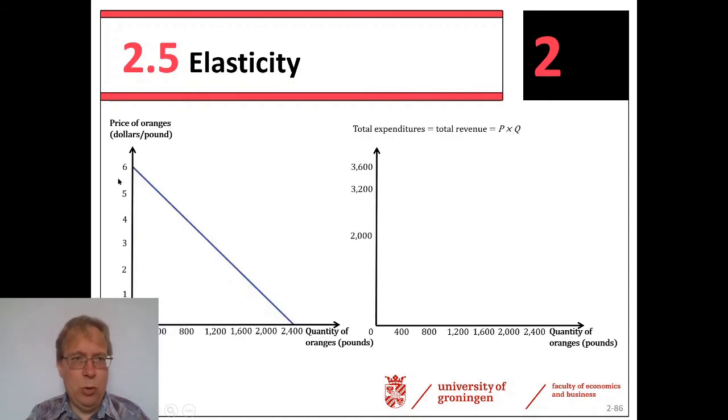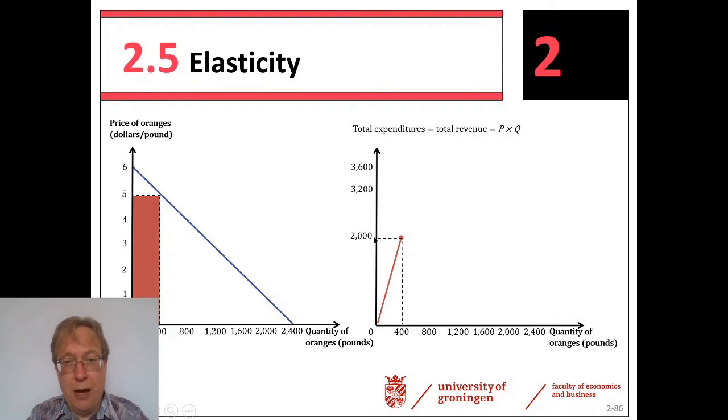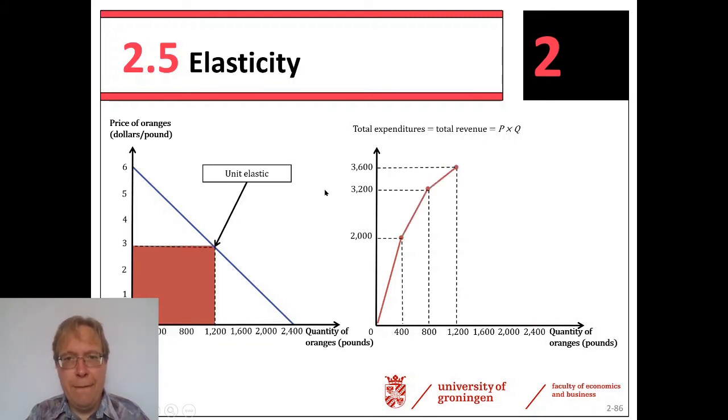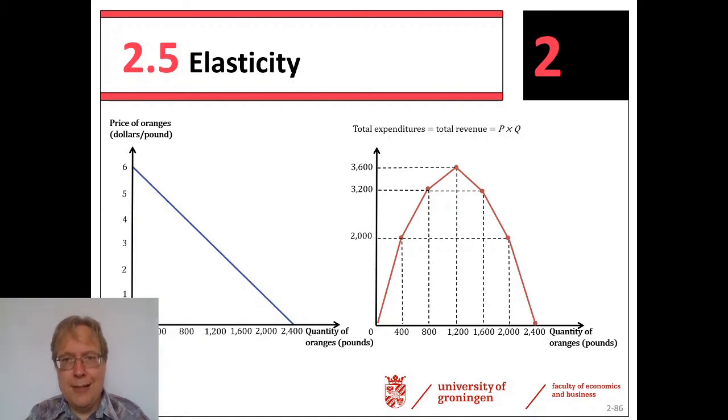So if you look at the total revenue on the market for oranges, then at the price of 5, this will be the price, and that will be the quantity demanded. So the total revenue will be 2,000, right? And I've plotted that here in this graph, and you can do that for other prices as well.